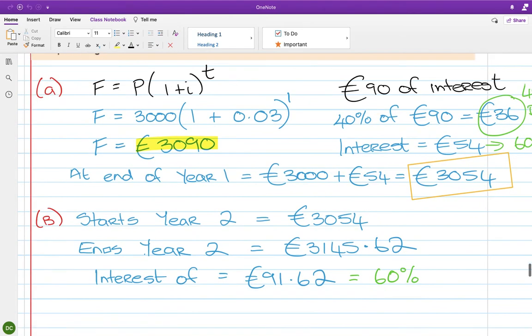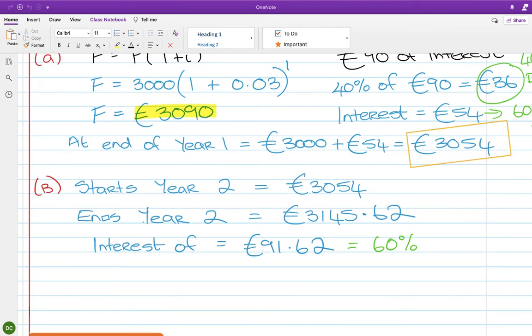So if he started the year with 3054 and he ended the year with 3145.62, that means he got to keep €91.62 of his interest. So that's 60%. So we can work out how much interest he got in total, as in the full 100%, before the government took any of it.